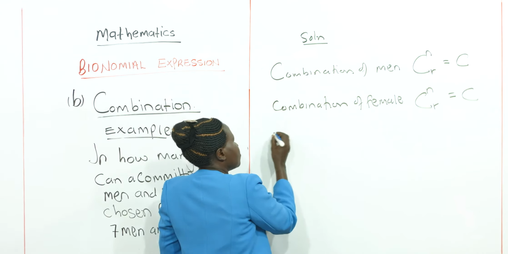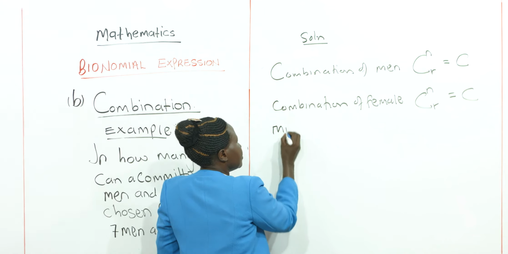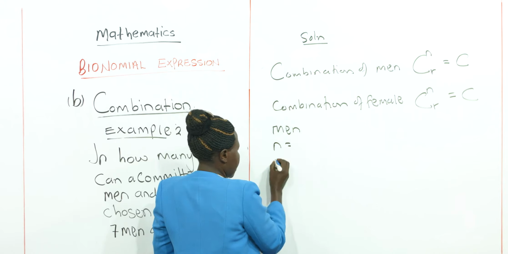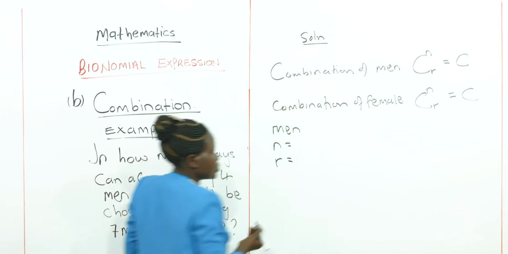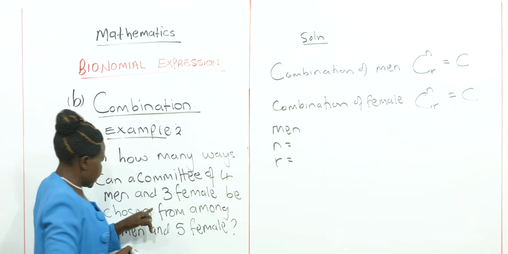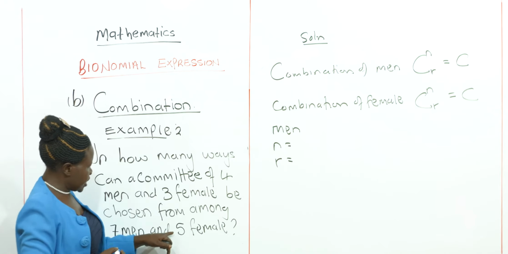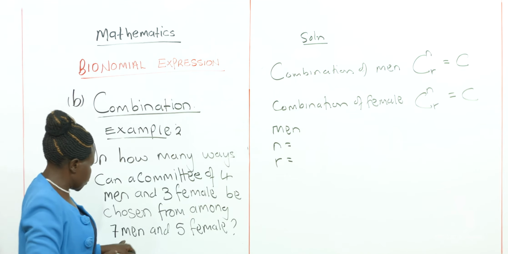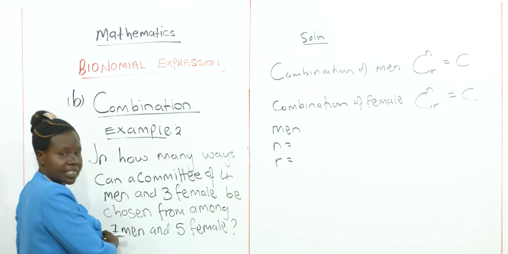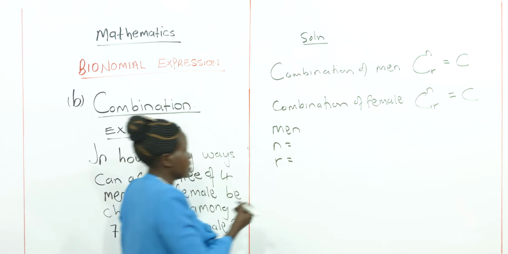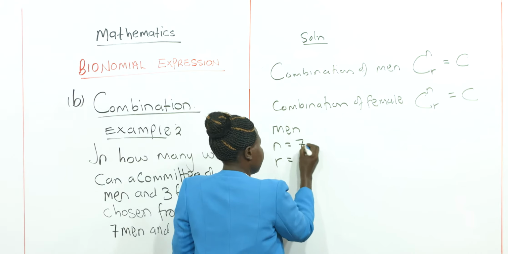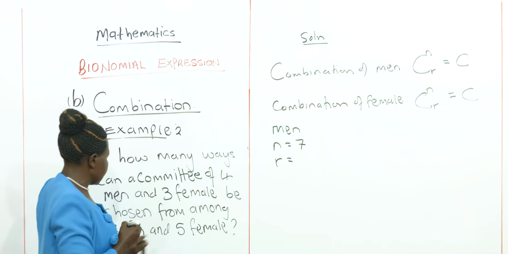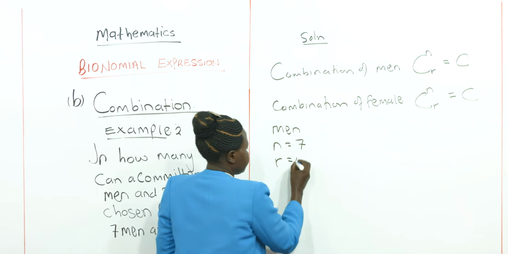For men, N is the number of men, and R is how many were chosen. Look here, they said form a committee of 4 men chosen among 7 men. That means the number of men is 7, and they selected only 4 of them.